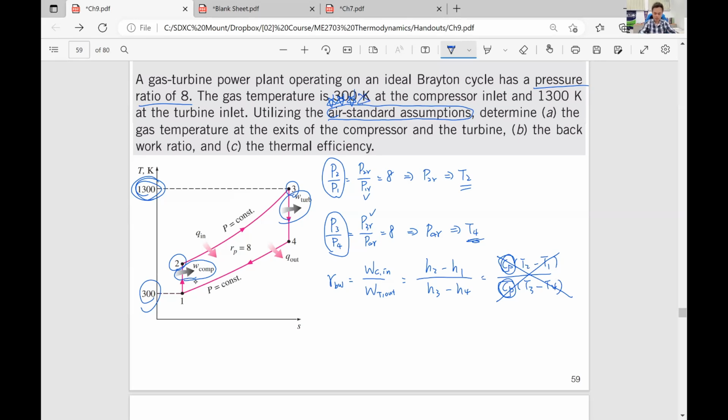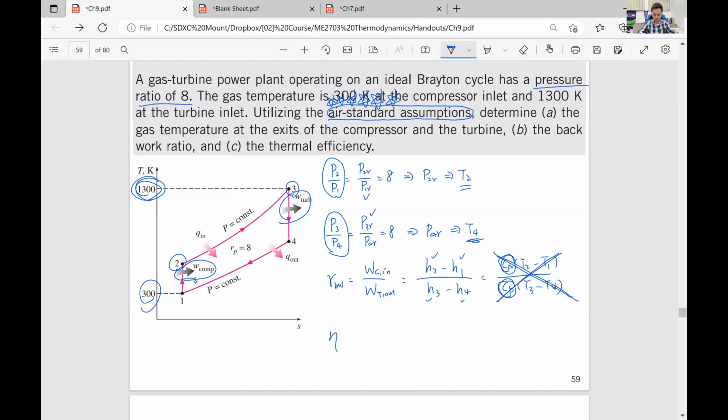Here we are using air standard assumptions, not cold air standard assumptions. So enthalpy depends on temperature only, and you can get all these enthalpies. This is the back work ratio.